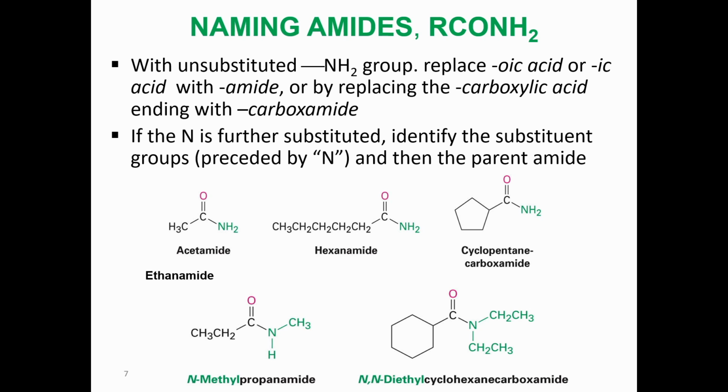The first compound, remember acetic acid is ethanoic acid. The hydroxy end of that ethanoic acid is replaced with amine. So we call it ethanamide in terms of IUPAC. But because the general name of ethanoic acid is acetic acid, we call it acetamide.